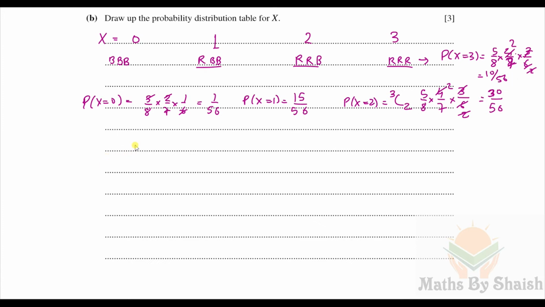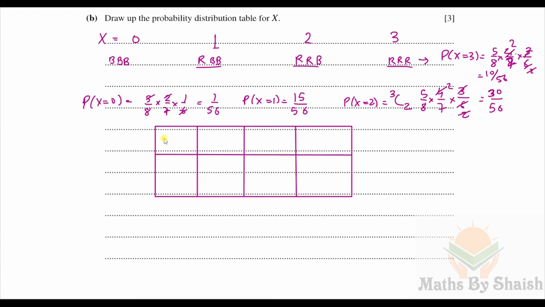So let's draw the table. Here we'll write the X values: X is equal to 0, 1, 2, and the last one I forgot to write, let's say it is 3 here. Then the probability of X equal to x. For 0 it was 1 over 56. For 1 it was given from the previous part, 15 over 56.